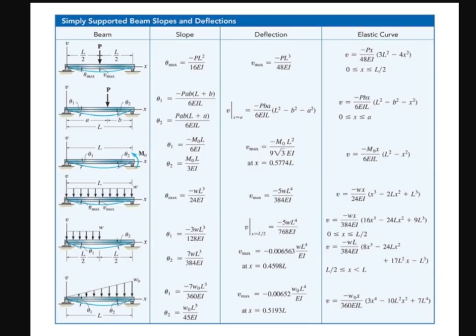Or no, positive in this case, sorry. ML squared over 9 square root 3 over EI. Of course, remember, write the EI off to the side, it cancels in the end. So ML squared over 9 square root 3.